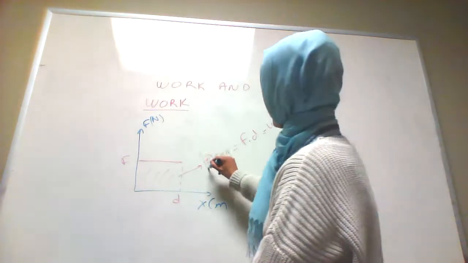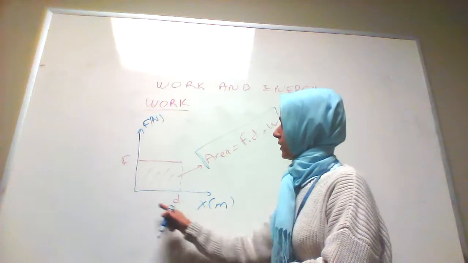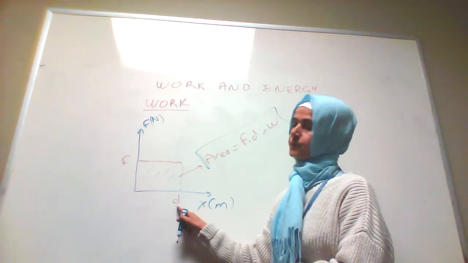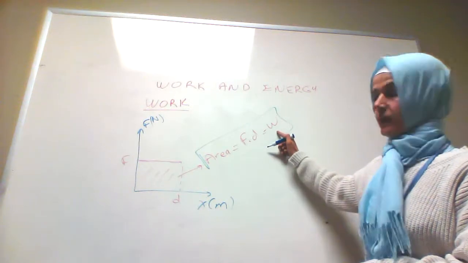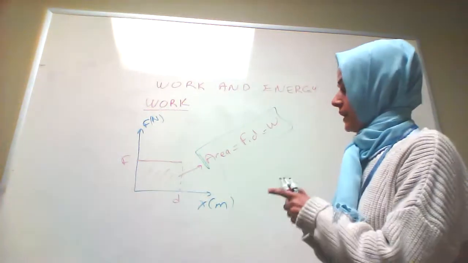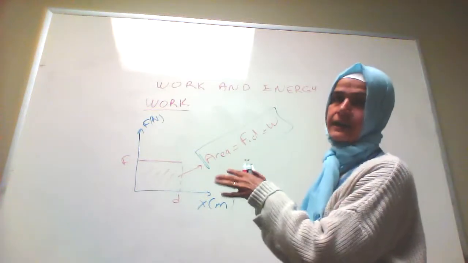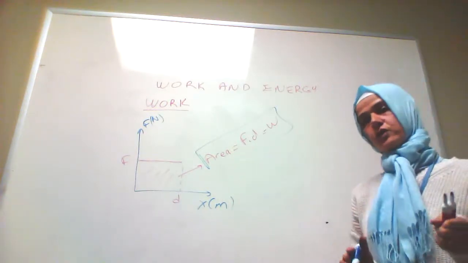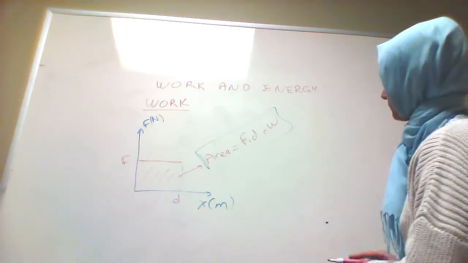So if we have a force versus displacement graph, the area under the graph gives us the work done by this force. If the force is constant, we can directly see this, but this fact is applicable to any situation.